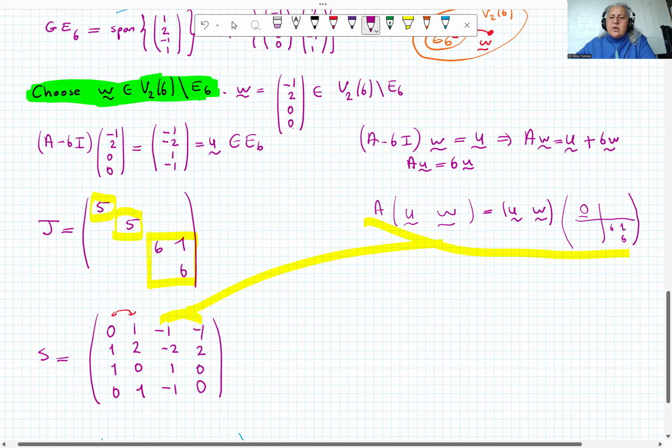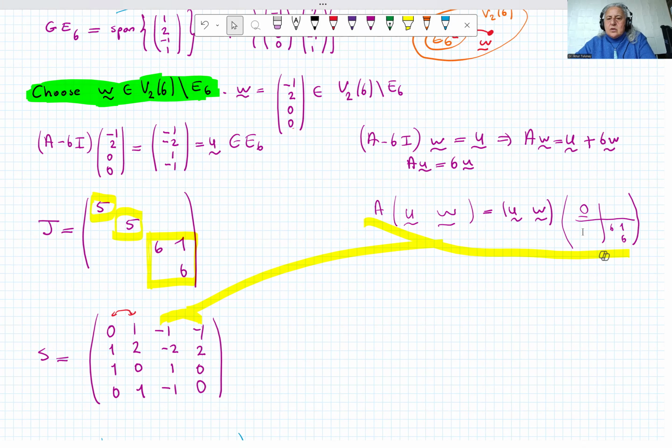I think I need to add the zeros as well, for this case. So this is not explicit, which is why I am saying we are thinking of it like that.